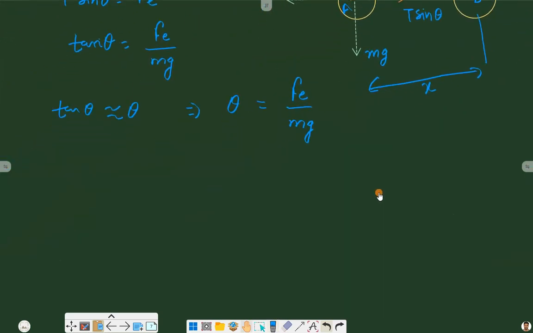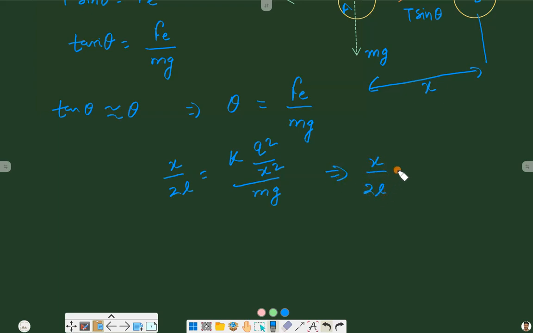Putting these values here, theta is x by 2L, and the electric force will be K, assuming Q charge on both of these, Q square by distance square, that is x square, divided by mg.